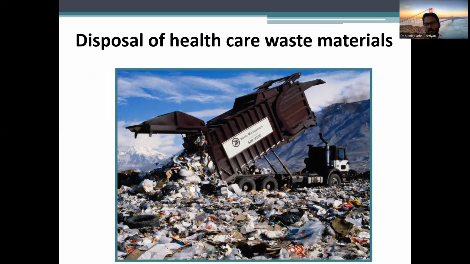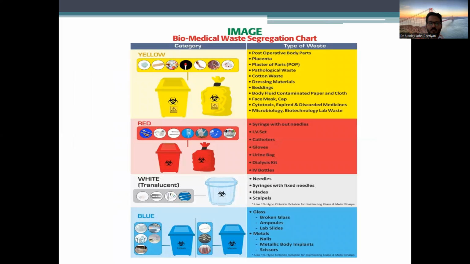Another major thing that we need to look into in our clinical practice is disposal of our waste. This is where we go colorblind and throw the waste in whatever color of dustbin we see. So we should properly dispose of waste. Your cotton waste, body waste and beddings should go into the yellow container.